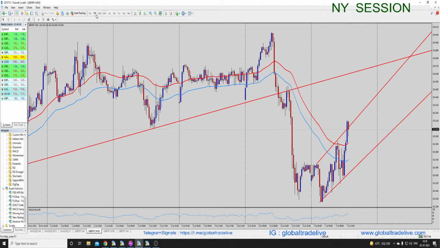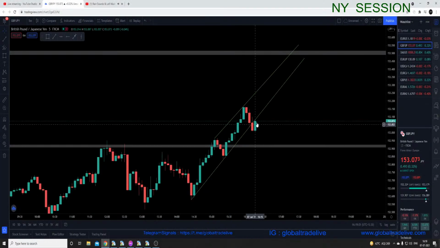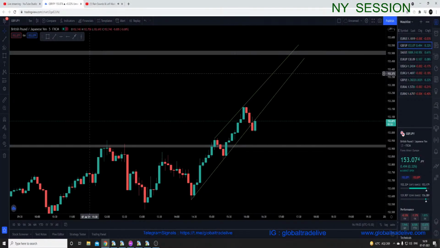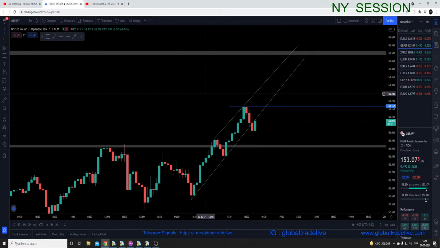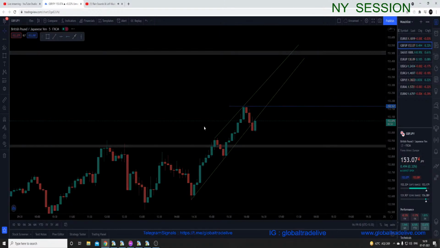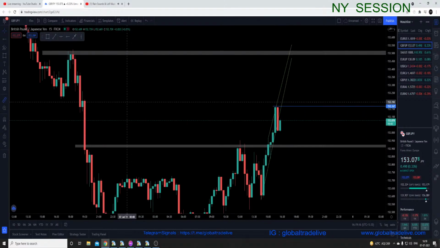So guys, I'm gonna execute the buy trade once it crosses above this level over here, because that will be the high of the previous 15-minute candle. And if this candle crosses above this level over here, I'm gonna execute the buy trade.